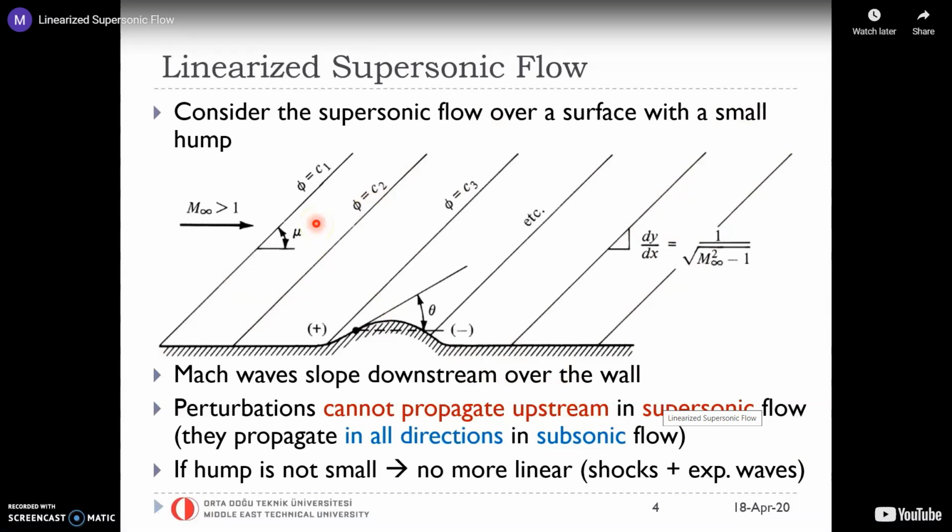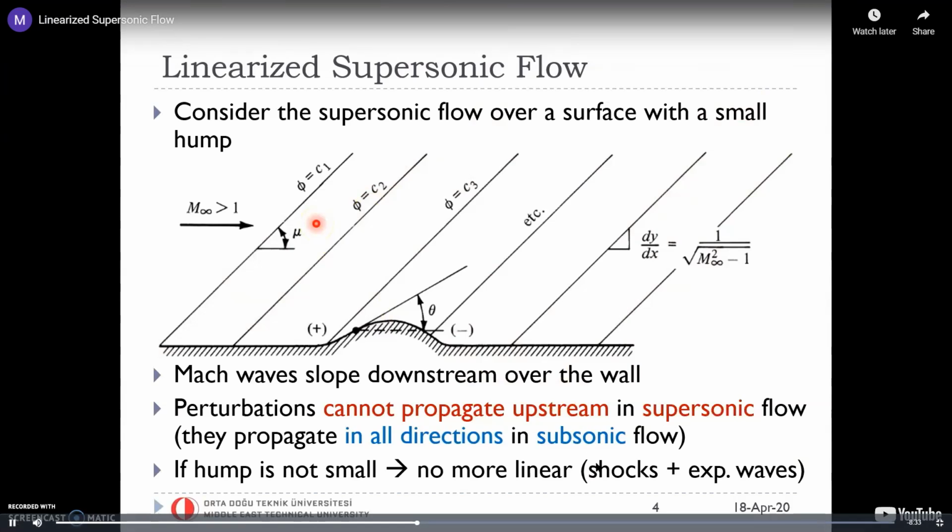There are no shock waves, there are no expansion waves, nothing. So we just have this solid surface in the bottom, and we have supersonic flow over it. Even if you forget about the hump, let's say it's a perfectly flat surface. And we have this M infinity coming from left, which is supersonic.